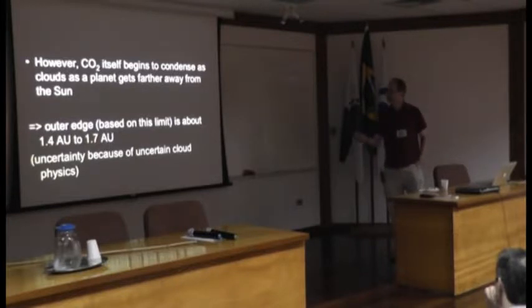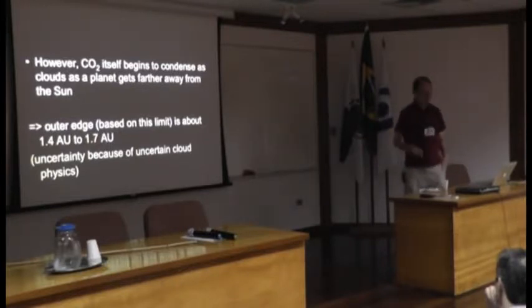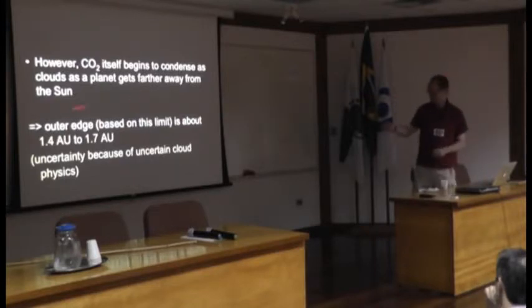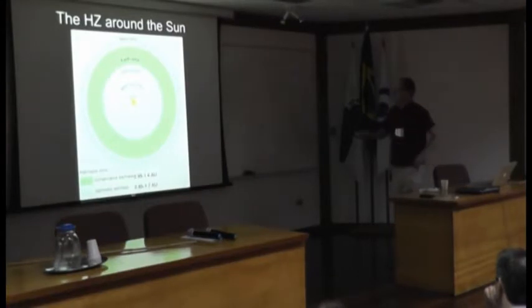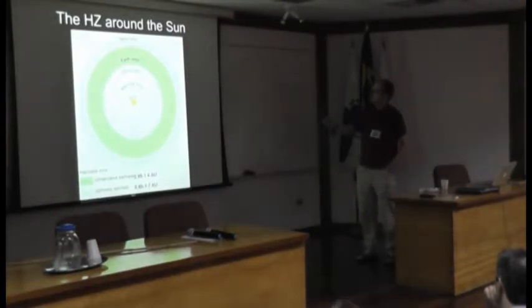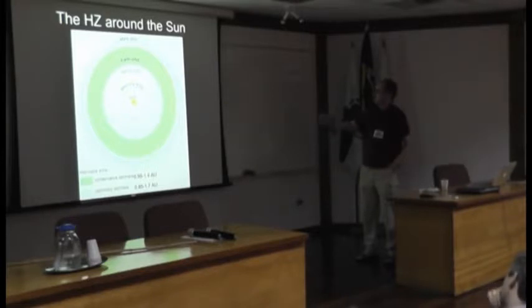And this uncertainty is again due to the way this is set by carbon dioxide condensation. There's some uncertainty in how that behaves. So there's a spread here. So the habitable zone around the Sun looks like this, roughly speaking.